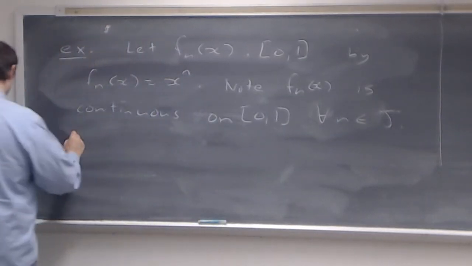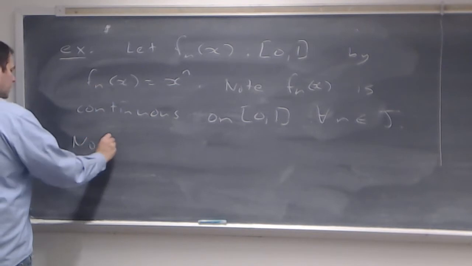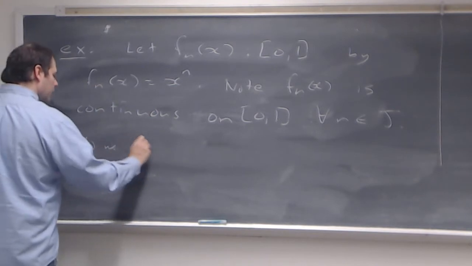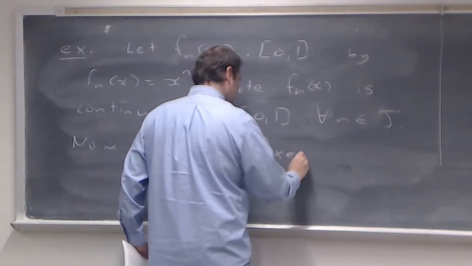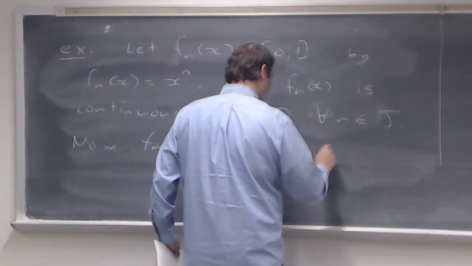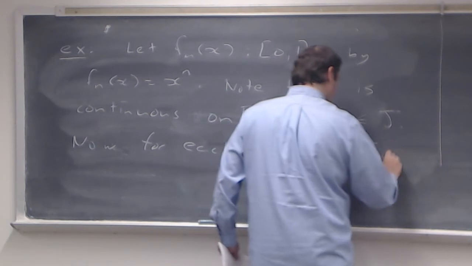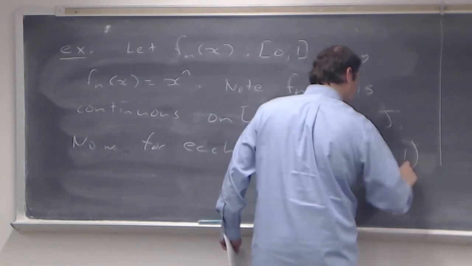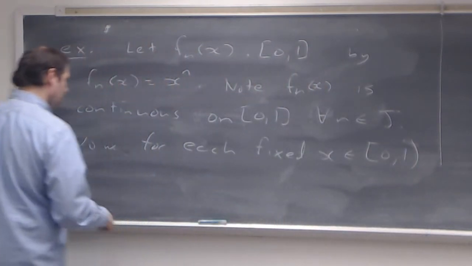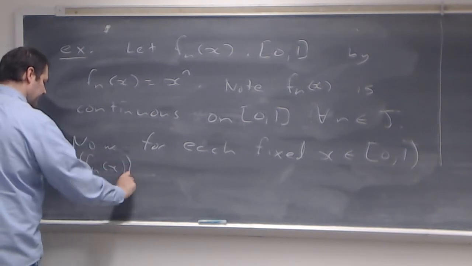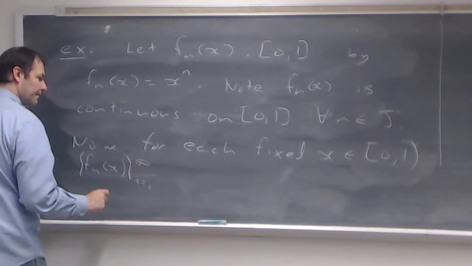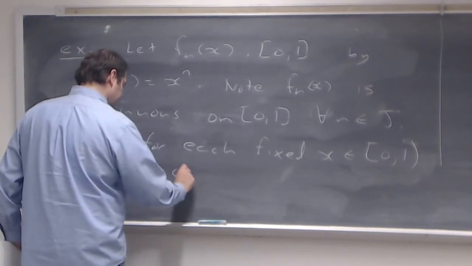Now, for each fixed x an element of 0 to 1, not including 1, then f sub n of x as a sequence converges to 0.